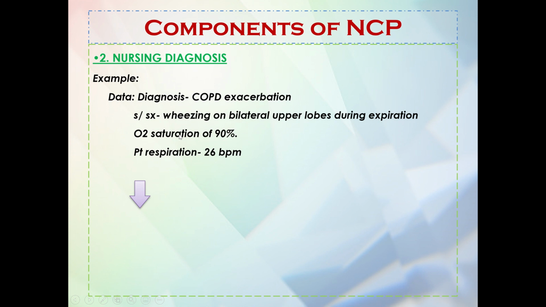Signs and symptoms na nakuha natin sa kanya: wheezing on bilateral upper lobes during expiration, oxygen saturation of 90%, and then patient respiration of 26 breaths per minute. Although we also use this breaths per minute, pwede rin siyang cycles per minute, okay, when we are referring to the respiratory rate or the respiration of the patient. So 26 yung kanyang RR.